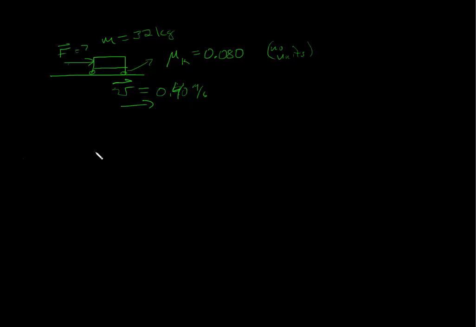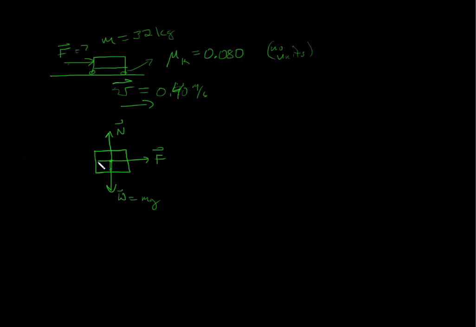All right, so let's just think about a free body diagram or a force diagram. So we know that we have some weight, and weight is equal to mg. And then because we have weight and we're on a surface, we're going to have the normal force coming up. And then we're applying a force in this direction.